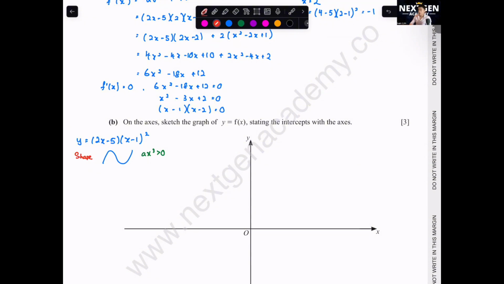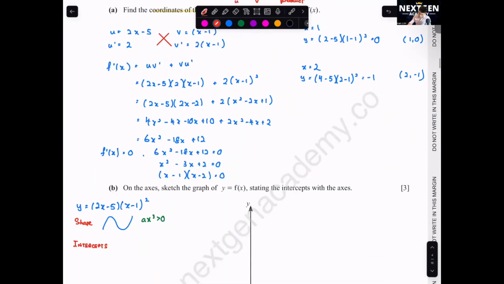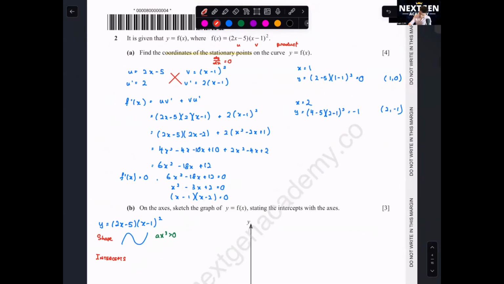Second one, intercept. Do we have the intercept calculation from the top? Okay, so we need to find the x and y intercepts. Let's find the intercepts. We start with the x-intercept first.